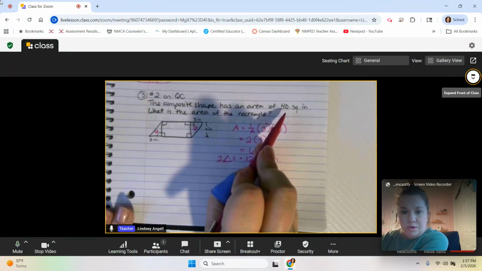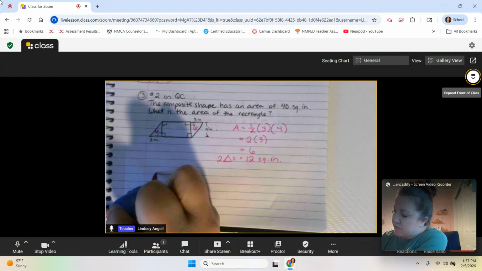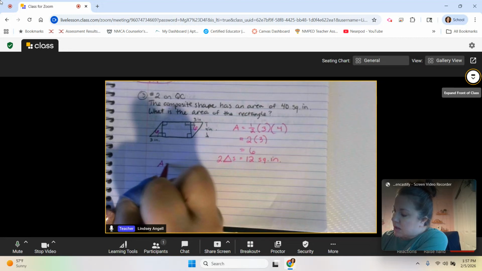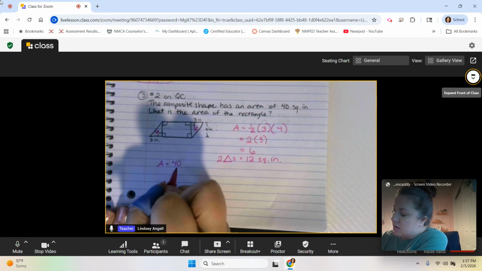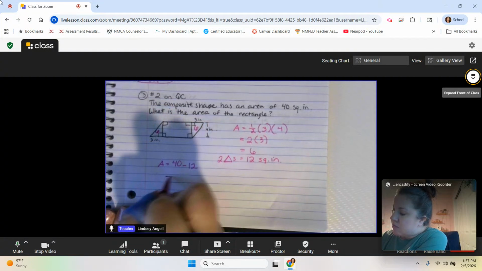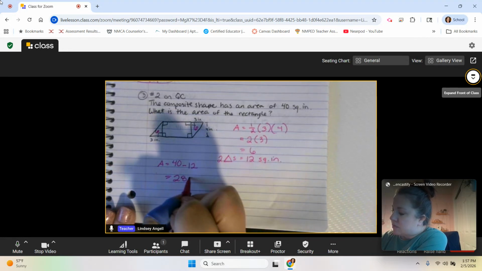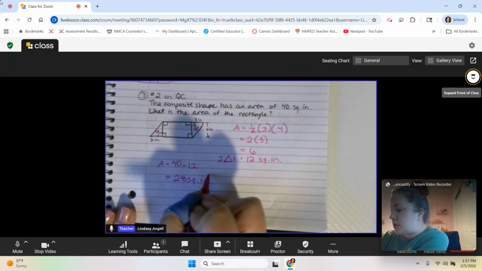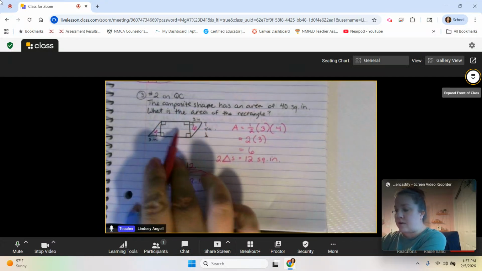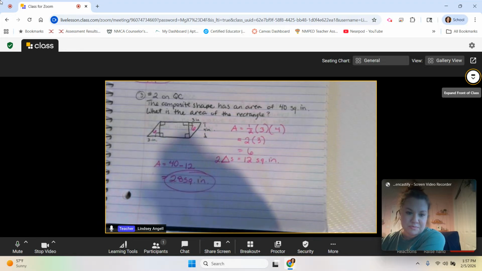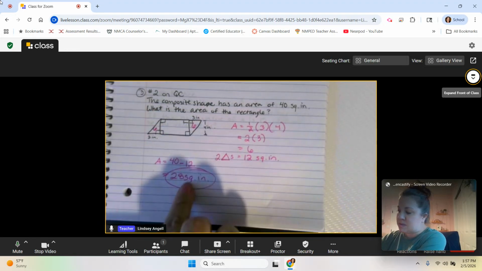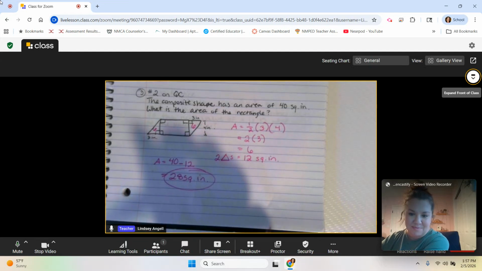And if the total is 40, we'll say area equals 40 minus 12. So what does that give us? That gives us 28 square inches that's left for this rectangle. Okay, so 6 plus 6 plus 28 gets us back to that 40.